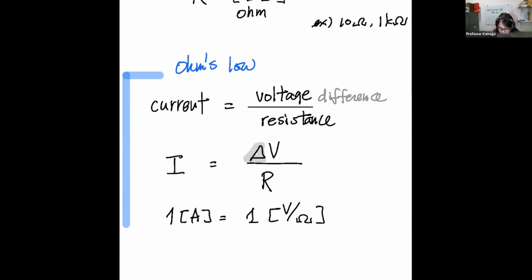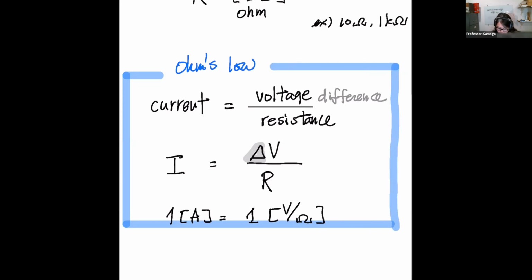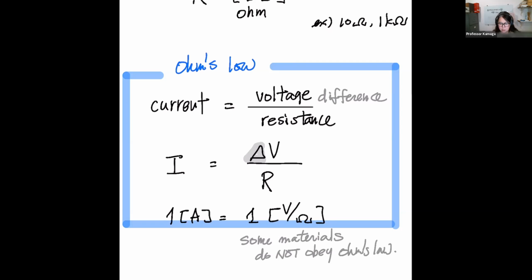So you can use Ohm's law to find the relationship between current, voltage, and resistance in an electronic device. Just in case, there are some materials that do not obey Ohm's law.